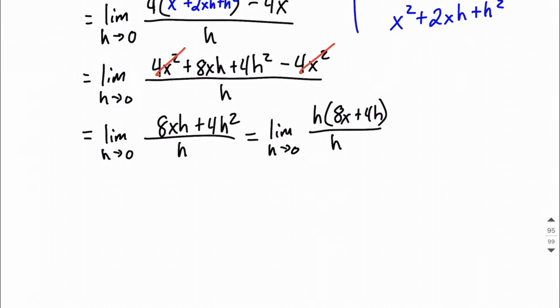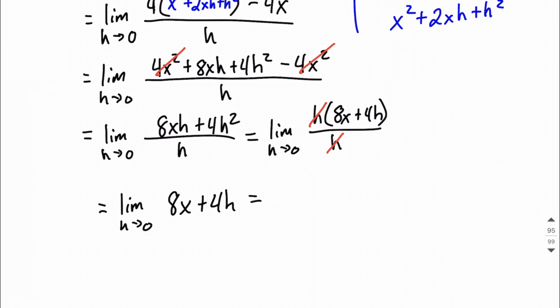At this point, the entire numerator is multiplied by an h, the entire denominator is multiplied by an h, so we can say h over h makes 1, so that can simplify. So where we're at this point is we still have the limit as h approaches 0. We're only left with that 8x plus 4h.